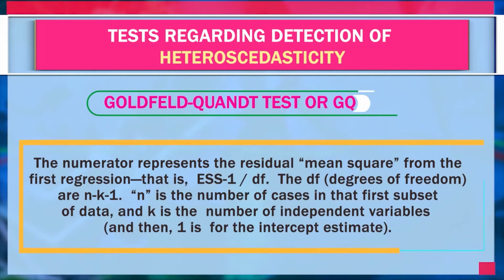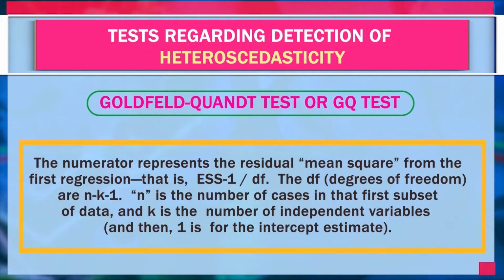Now we go to how the interpretation is to be done. First, we look at the expression of the test statistic in this slide, which is GQ equals sigma 1 squared divided by sigma 2 squared. We will concentrate on the numerator and the denominator separately.